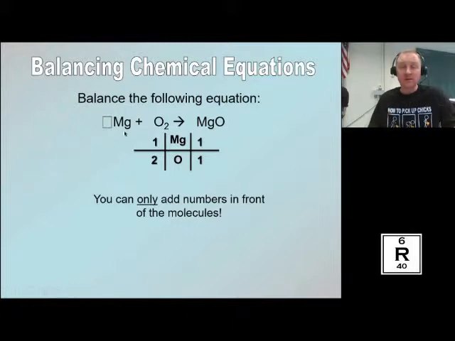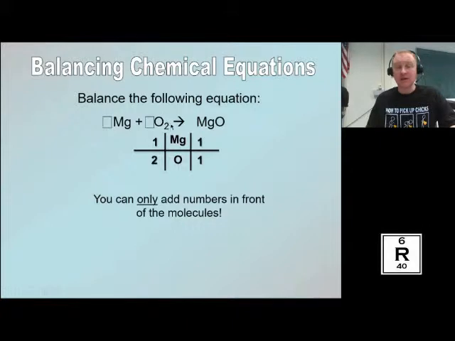We know that magnesium is just 1 magnesium, elemental magnesium. And with diatomic atoms, if you don't remember the diatomics, go back to older lessons. There are 7 diatomic elements that don't appear singly. They always appear in pairs, and oxygen is one of those diatomics.